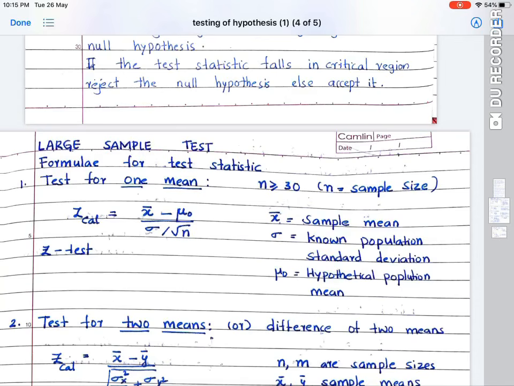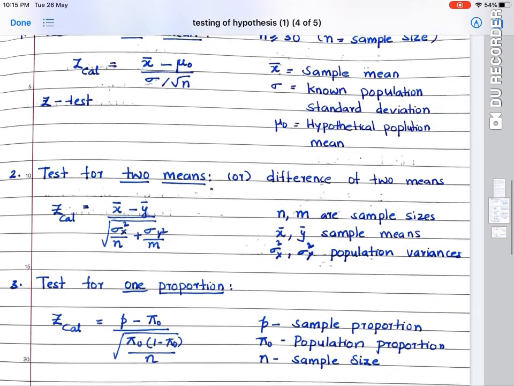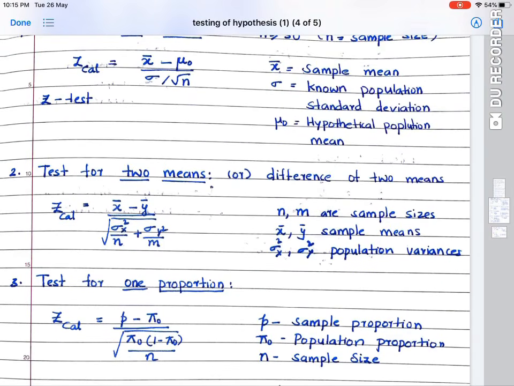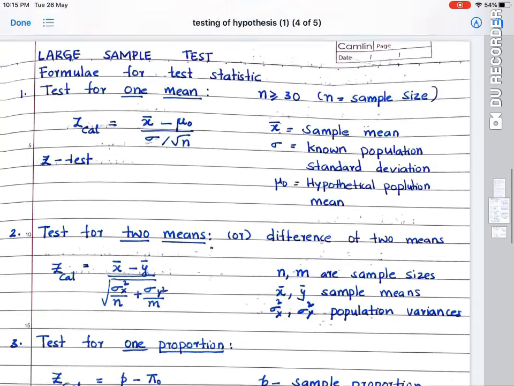Basically what we do is, if the sample size is greater than or equal to 30 observations, we consider it as a large sample, and we use the formula which has been mentioned below. And if the number of observations or the sample size is less than 30, then we basically solve those problems with the help of small sample test.